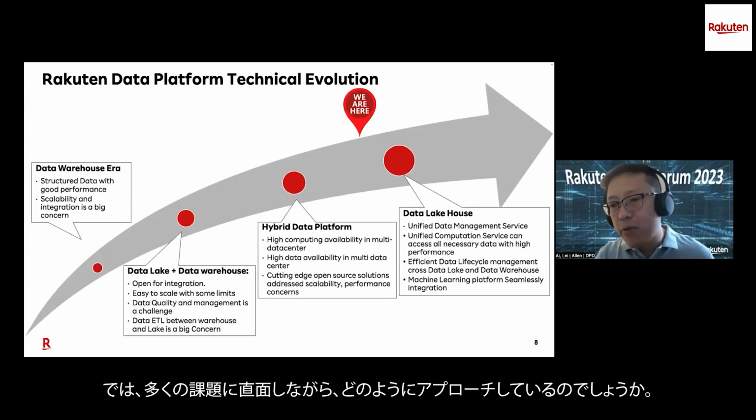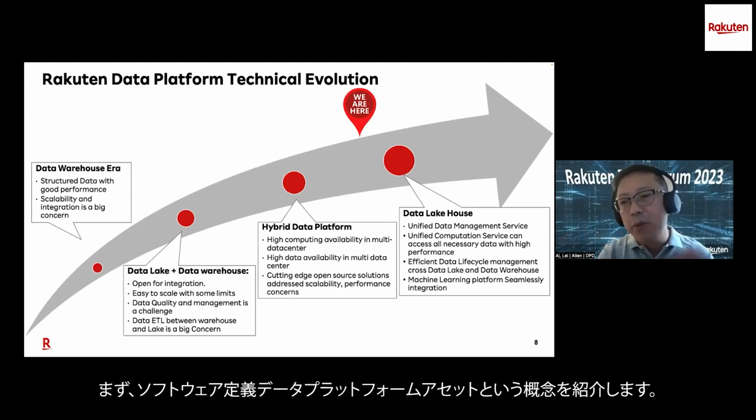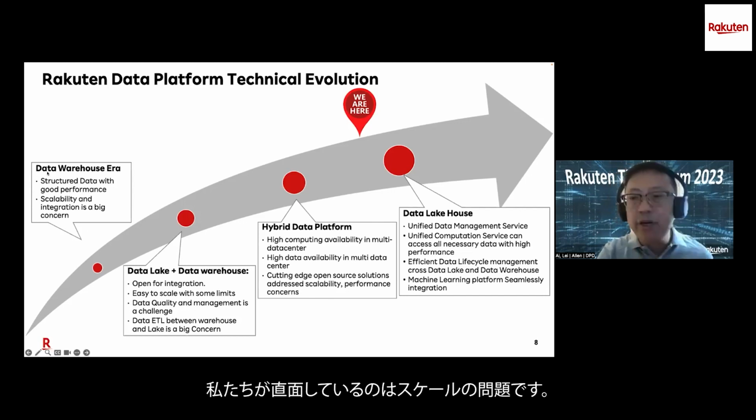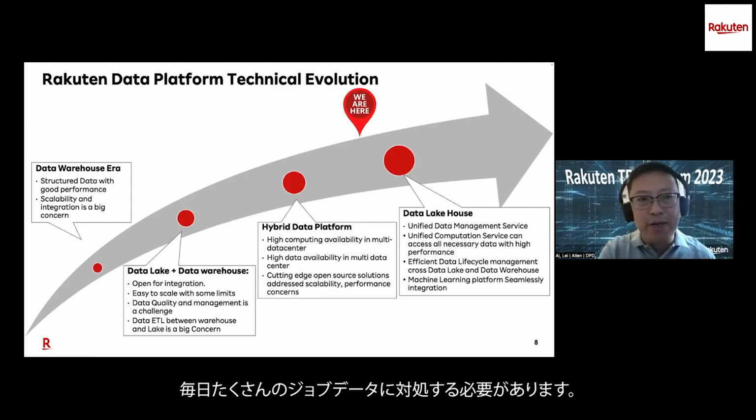So what is our approach to accomplish this, even though we face so many challenges? At a high level, we have this kind of roadmap. We started from the data warehouse era. At that time, everything is structured.